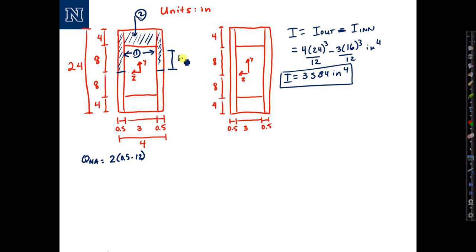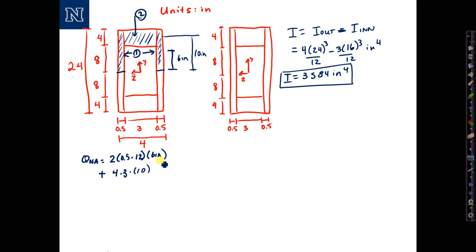That is going to be 6 inches. So times 6 inches. Plus, I'll go ahead and put this on another line, the contribution from section 2, its area, which is 4 times 3, times the distance up to its centroid, which if I draw a line here, should be 8 plus half of 4, or 10 inches. So that's times 10.